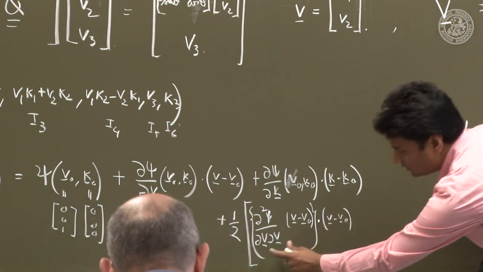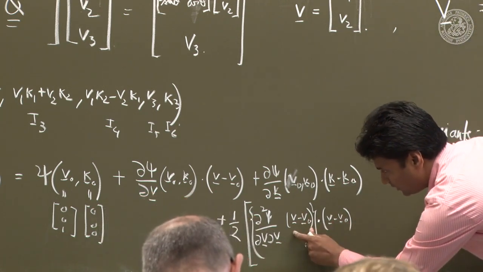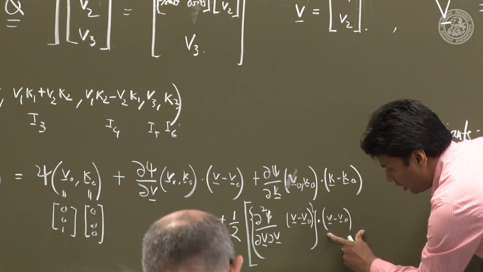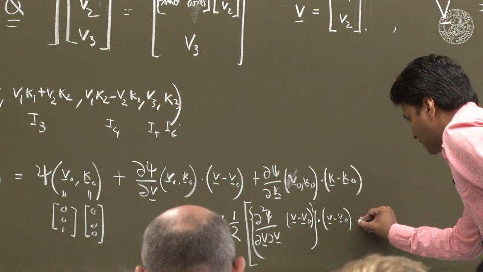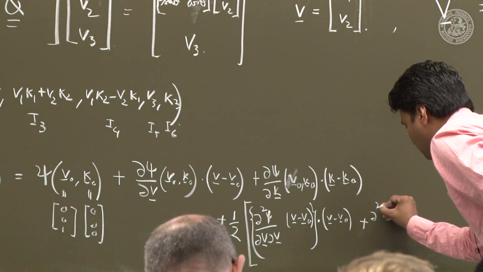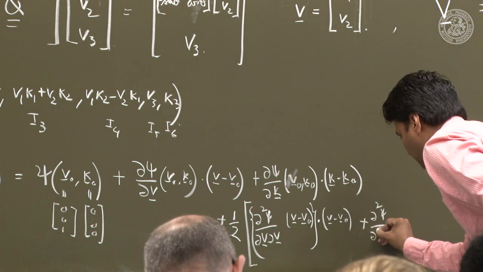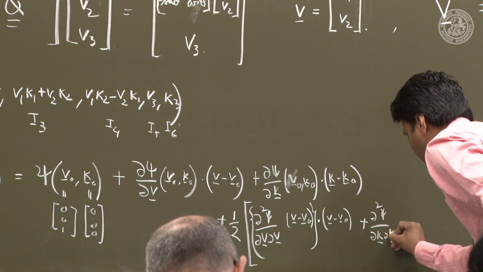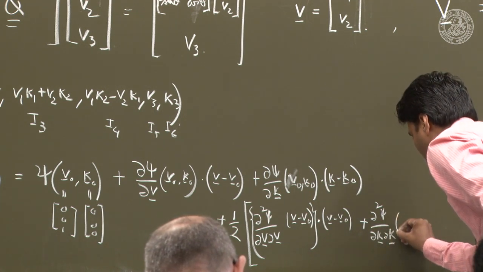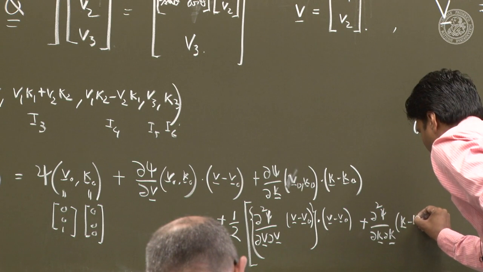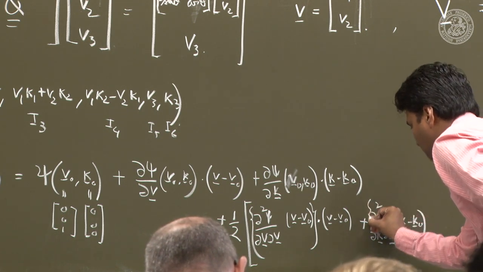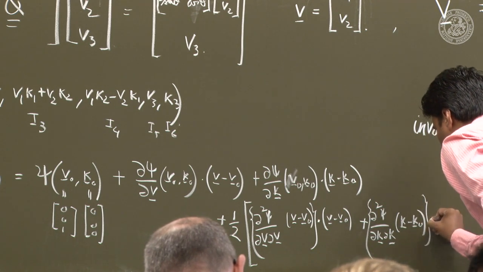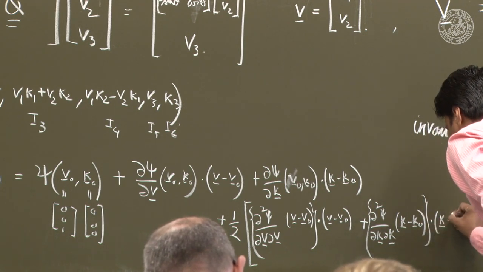So this is a matrix. Matrix times this vector, you get a vector, and dot with that vector, it becomes a scalar. Similarly, for del 2 psi over del k into K minus K0, and this thing has to be dotted with K minus K0.